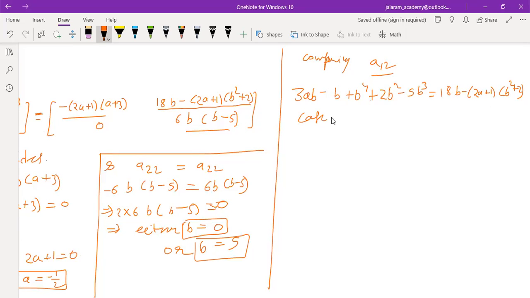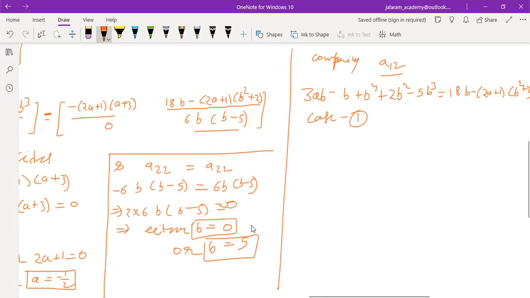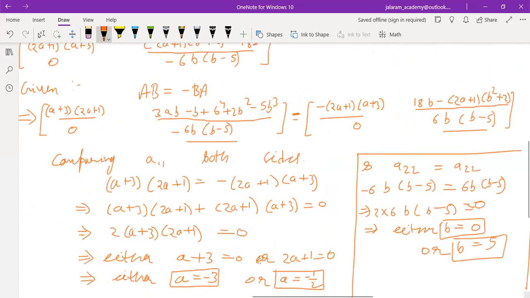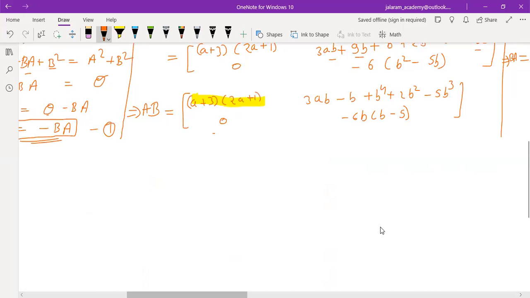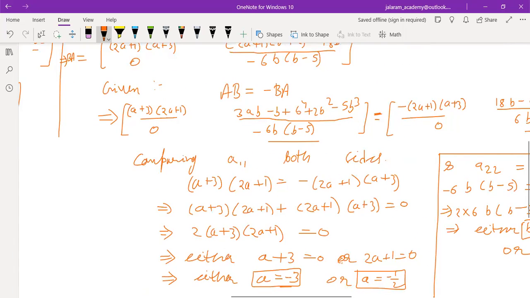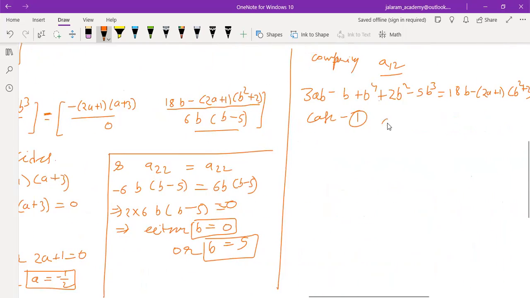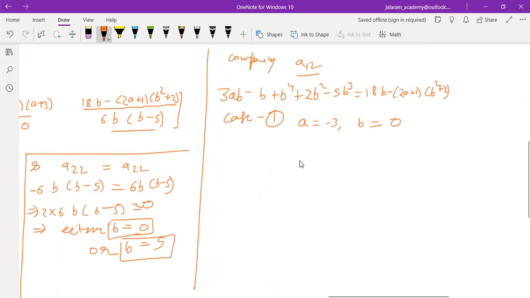So case 1, take A equals to minus 3. We will take one of the value of A, A equals to minus 3 and one value of B, B equals to 0, to check whether it is satisfying or not.